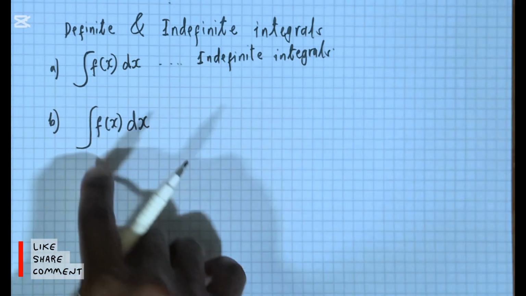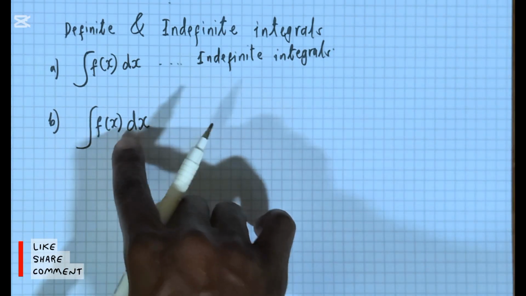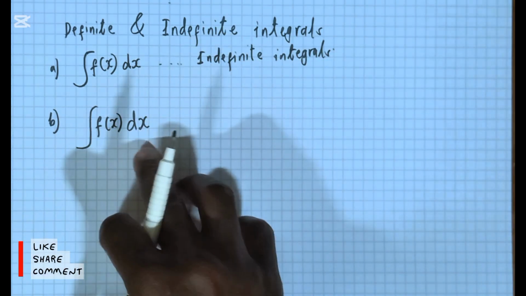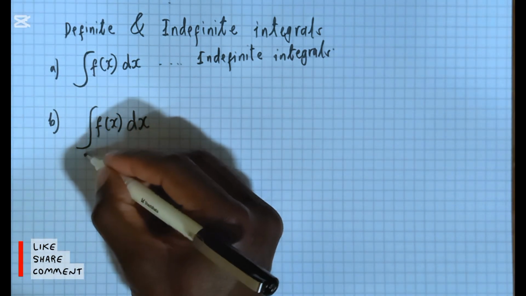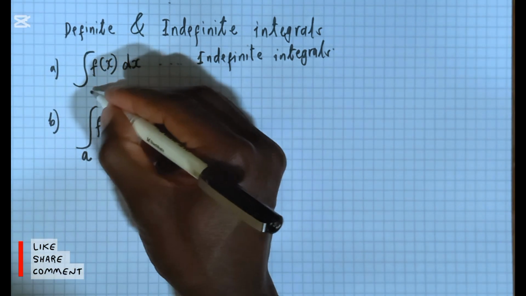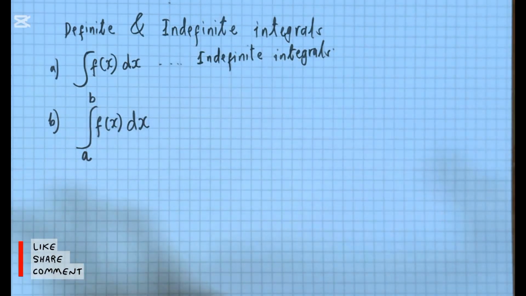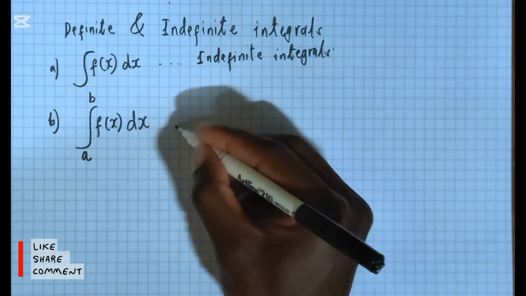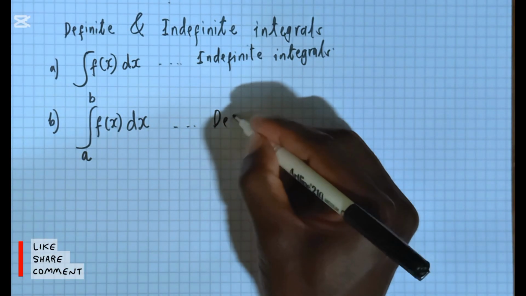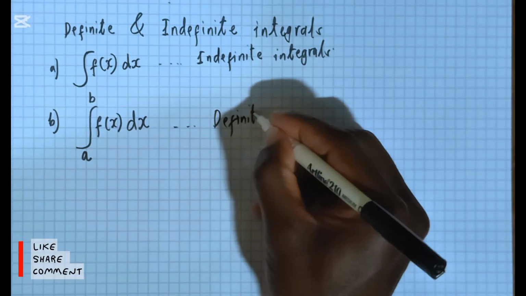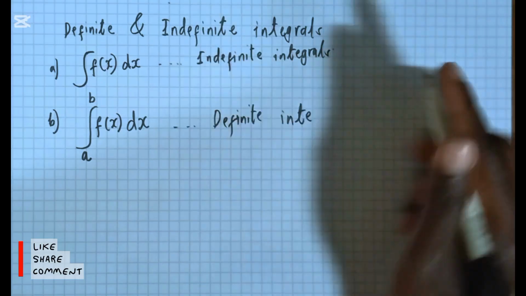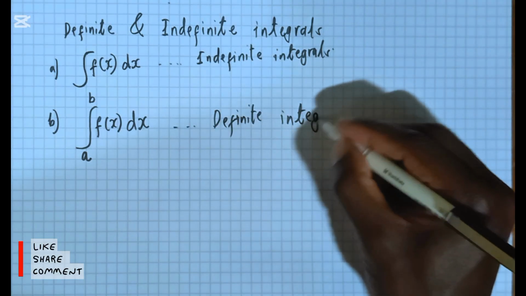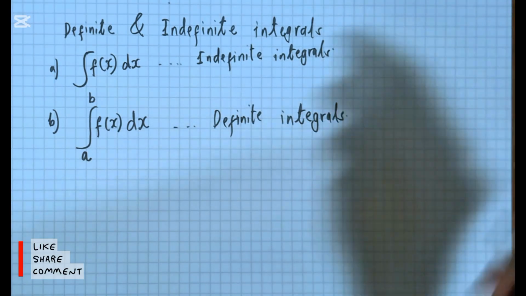And you're given limits, let's say, running from a to b, okay? This here we call a definite integral. Why? Because the limits are clearly defined, all right?